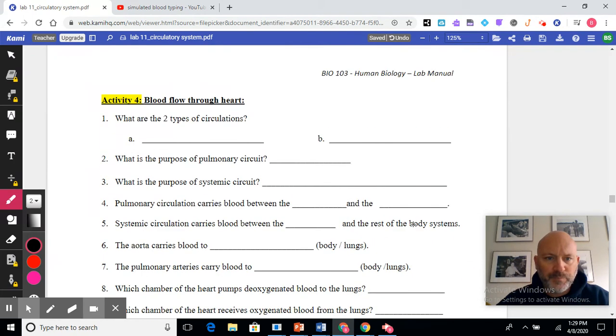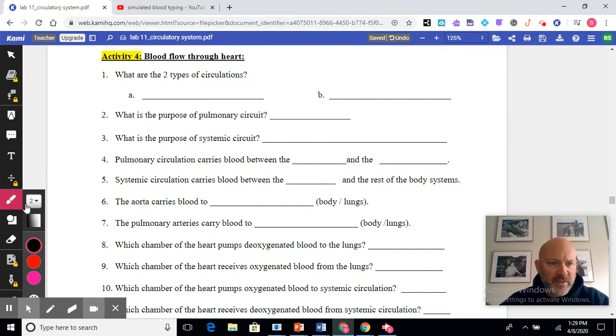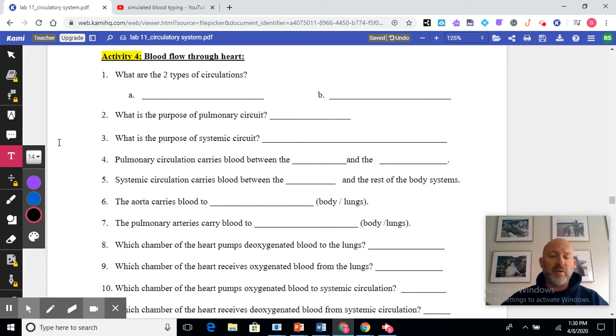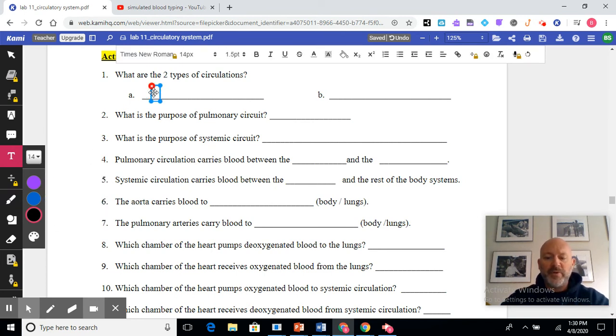All right. Do some more of this here. What are the two types of circulations? Good question. Well, you have to remember that the right side of the heart takes deoxygenated blood and sends it to the lungs. And then that blood comes back to the heart. We call that pulmonary circulation.